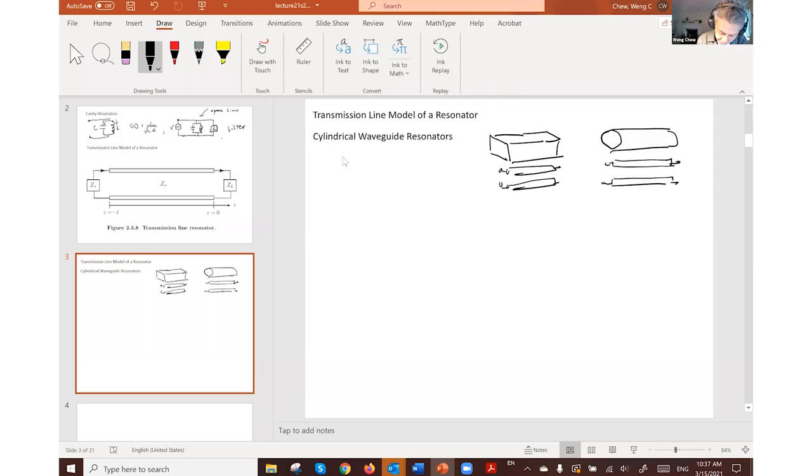If you have a microstrip line, such as this one, say if you make a microstrip line on top of a substrate, let me draw the substrate this way. And then usually you have this thing sitting on a substrate, and then there's a ground plane below. Let's assume that this is the ground plane.